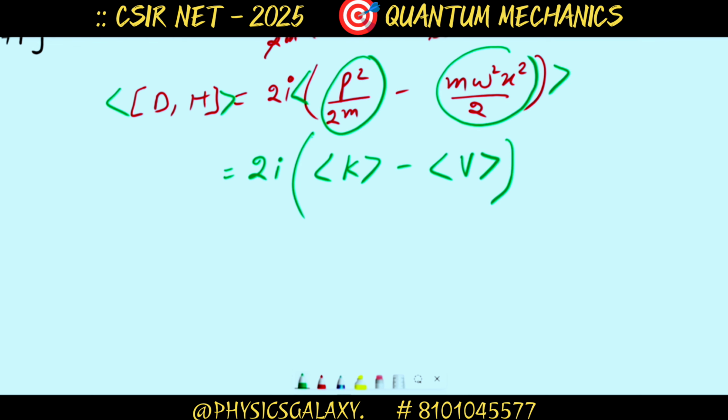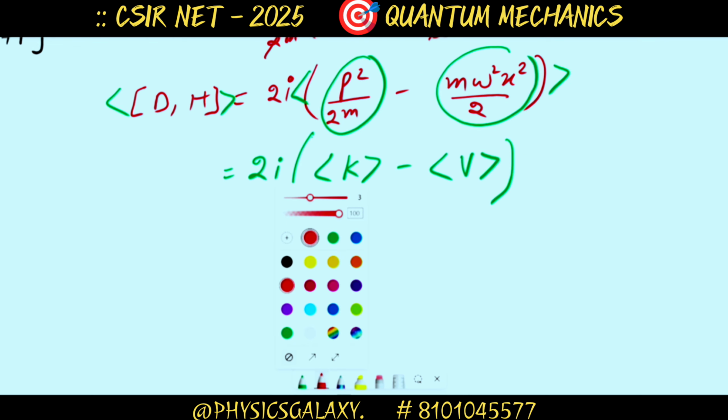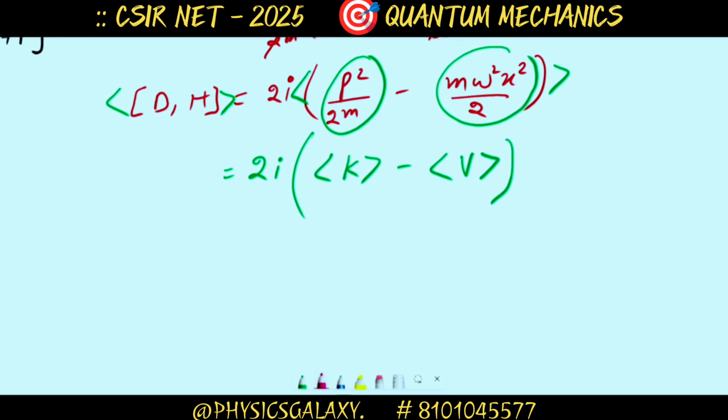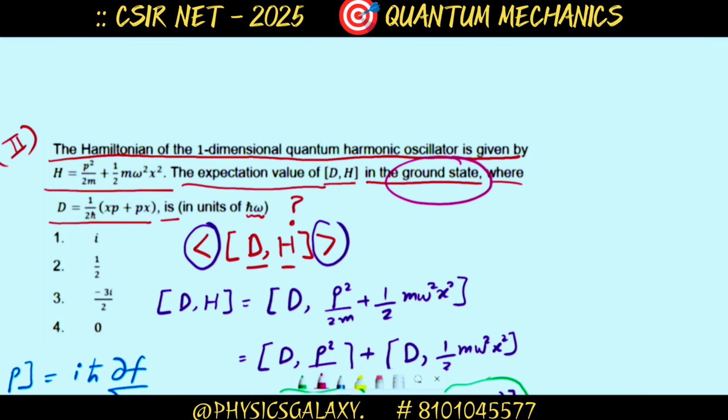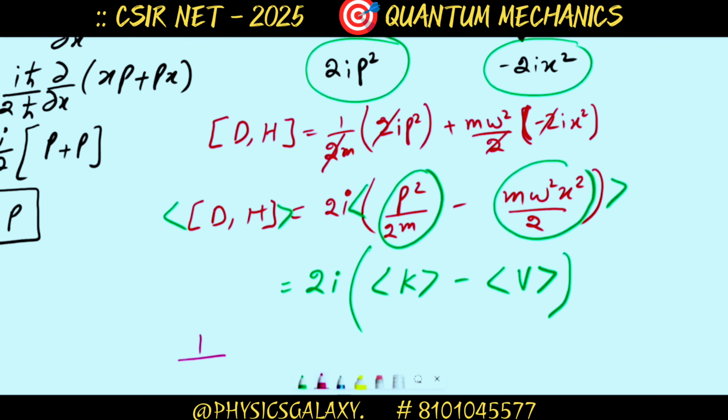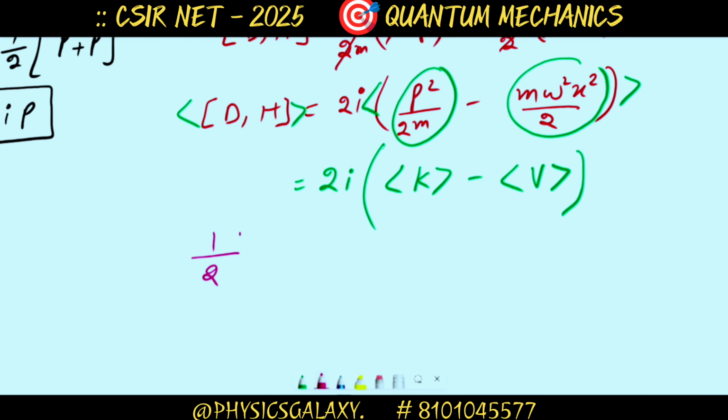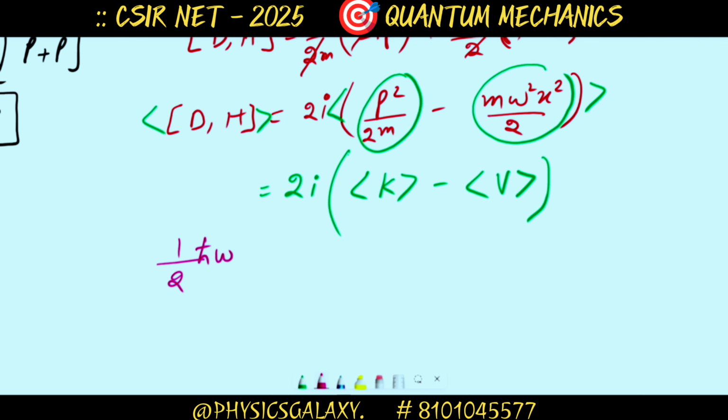Now we know that the total energy in the case of the harmonic oscillator, in the ground state, because the question asks in the ground state, equals half h cut omega, and that is equal to the expectation value of the kinetic energy plus the expectation value of the potential energy.